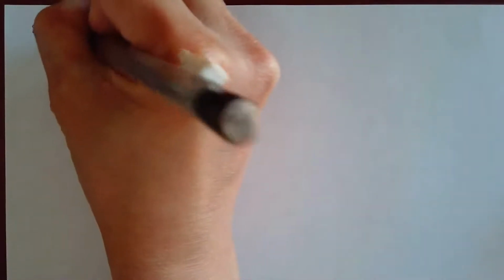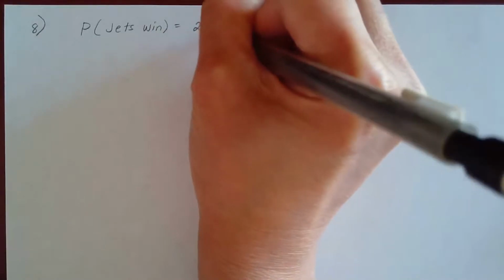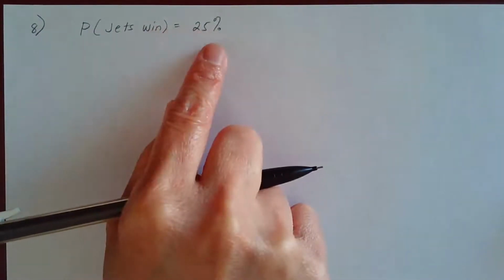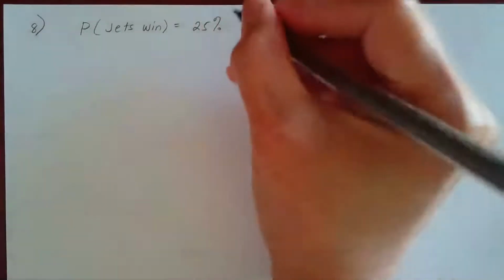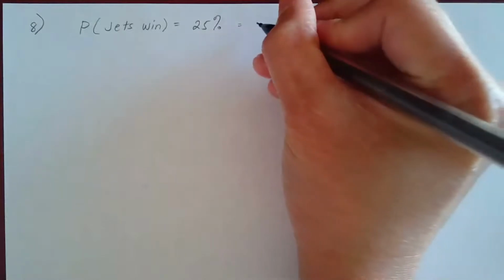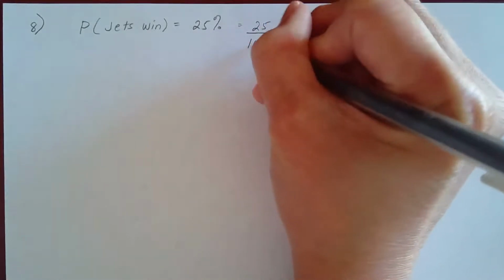Okay, number 8. The probability of Winnipeg Jets beating Chicago Blackhawks is 25%. State the odds. So I'm just going to write that down. Probability of Jets winning is 25%. Let's put it into a fraction, because 25% means 25 out of 100.